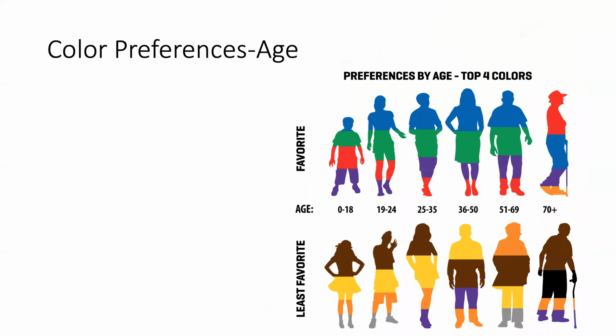Okay, then here, even by age, you can see the strength there as well of blue, green, red. But the interesting thing, as people get older, red becomes less of a favorite in general. But brown goes from being top least favorite to going into the middle.